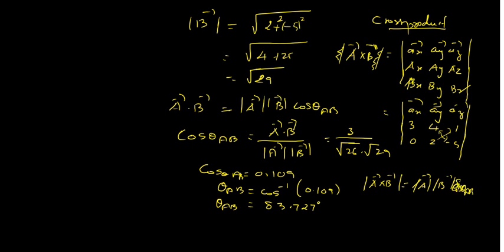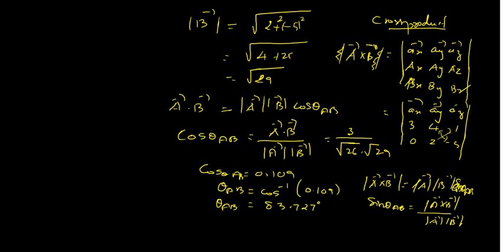So from this, sin theta AB is equal to modulus A cross B divided by modulus A times modulus B. So first you find the modulus of A cross B. After finding modulus of A cross B, modulus A and modulus B you already know the value, which are square root of 26 and square root of 29, and by solving this you can find the theta value.